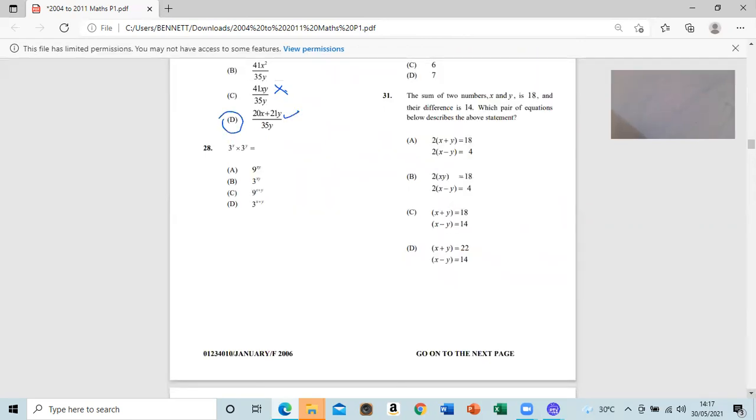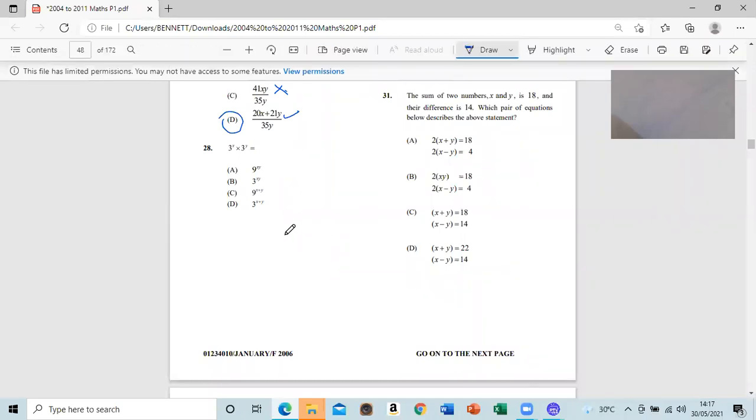3 to the x times 3 to the y is the same as? Watch people get this wrong now. What's the answer for this? 3 to the x times 3 to the y is the same as? B?